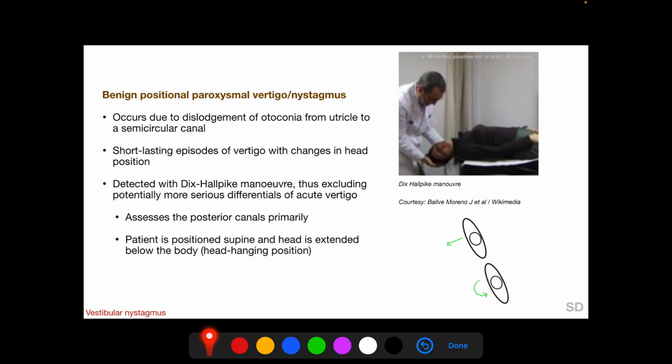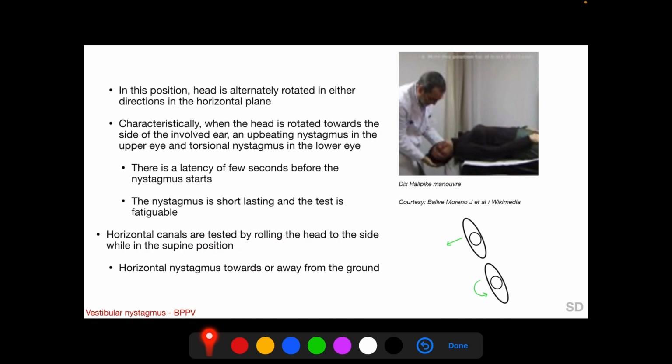The patient is positioned supine and the head is extended below the body. This is called the head hanging position. And in this head hanging position, the head is alternately rotated in either directions in the horizontal plane.